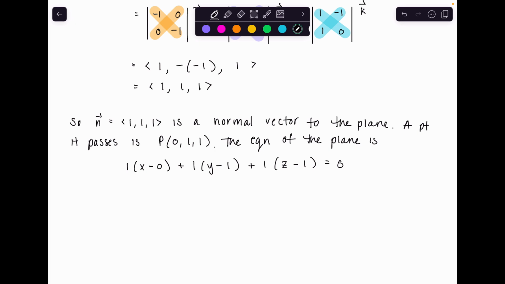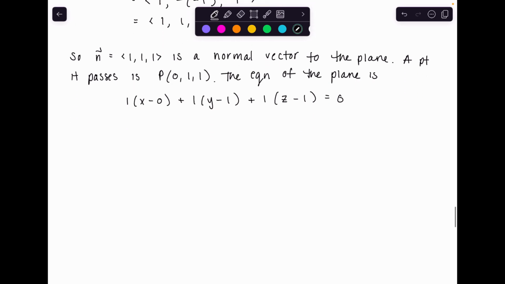If you left it here, that's perfectly fine, but just to show you standard form, that gives us x plus y minus 1 plus z minus 1 equals 0. Rearranging this gives x plus y plus z, that's minus 2, so you end up with plus 2 over here.